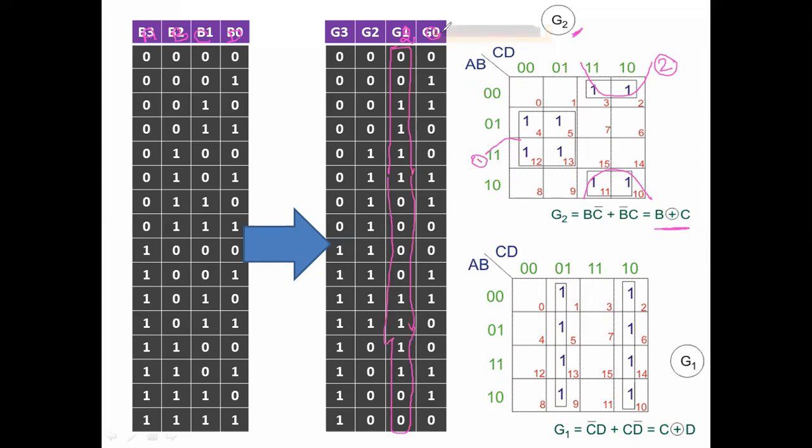Similarly, for getting G1, you have to take this column. The last column is to be taken along with the input variables. Then you draw the Karnaugh map for getting G1. Here, please listen.